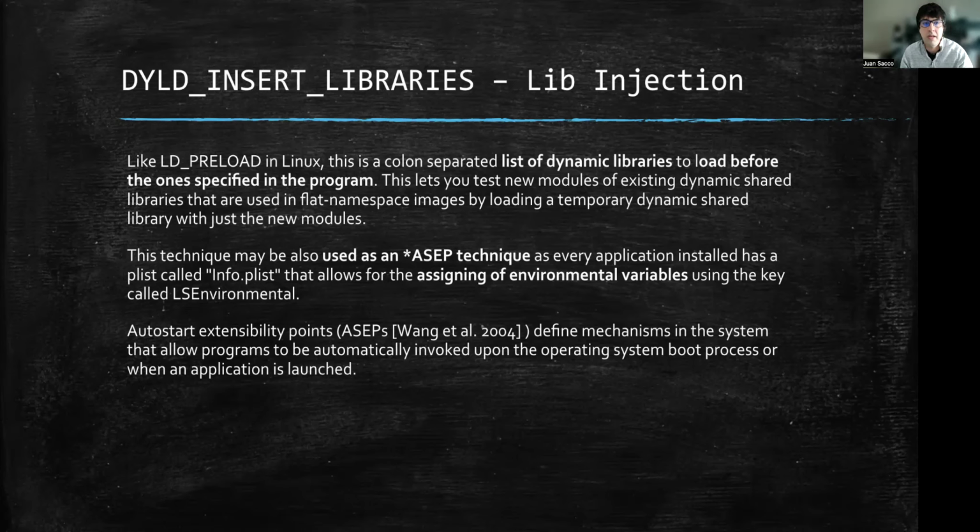This technique can also be used in Mac as an ASEP type of technique, as every application installed has a property list called Info.plist that allows for the assignment of environment variables using the key called LSEnvironment. An ASEP is an auto-start extensibility point, which defines mechanisms in the system that allow programs to be automatically invoked upon the operating system boot process or during application launch.